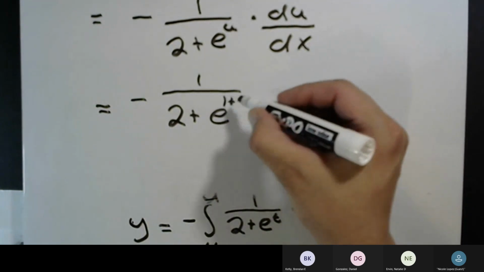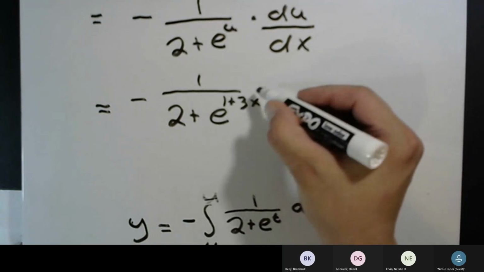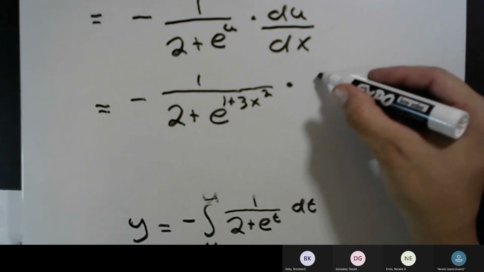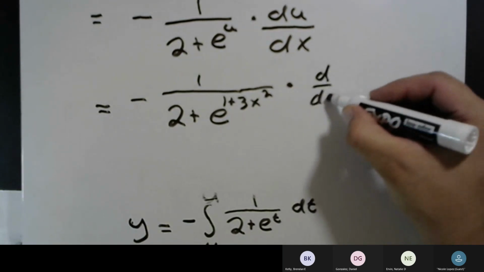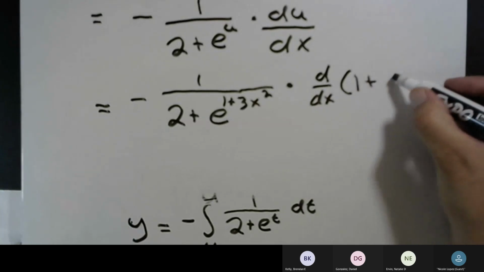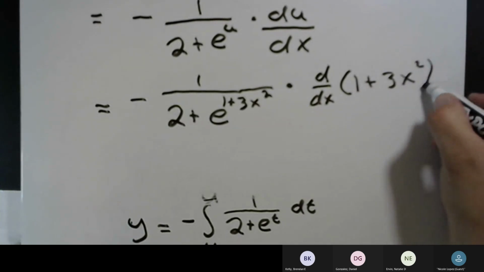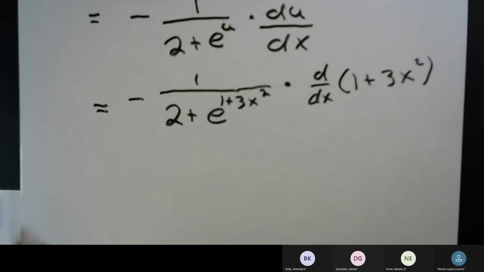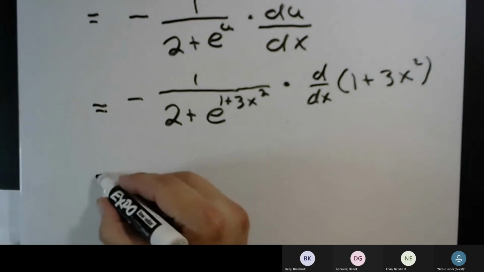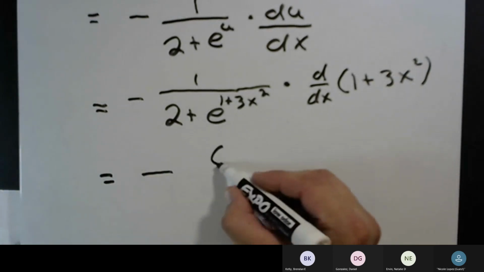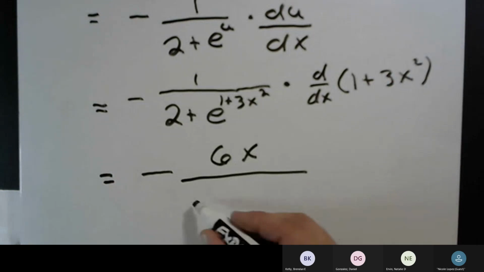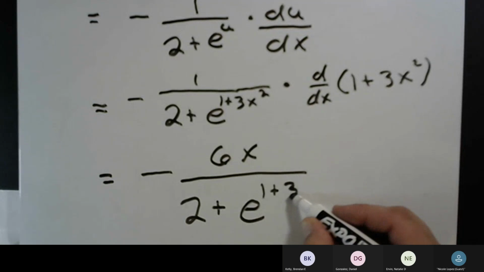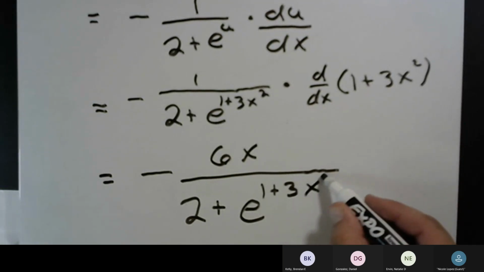It was 1 plus 3x squared times du dx, which is going to be d dx of 1 plus 3x squared, because that's our u. And so putting it all together, we're going to get minus 6x over 2 plus e to the 1 plus 3x squared.